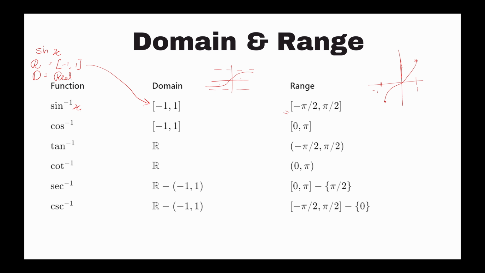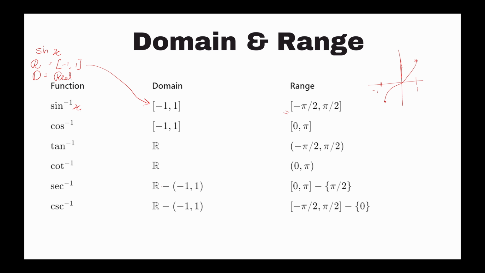So you can see that in our domain, all values of x are considered. However, in our range, it is only from -pi/2 to pi/2, and we do not include -pi/2 and pi/2 exactly, because at those values we have infinity as our answer. For cot inverse x, again it is 0 to pi. Simply, cot inverse x shifts above the x-axis.